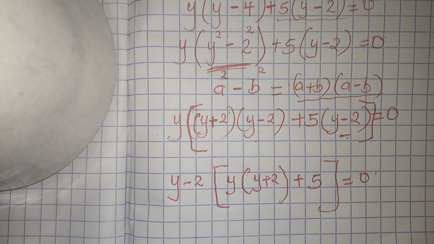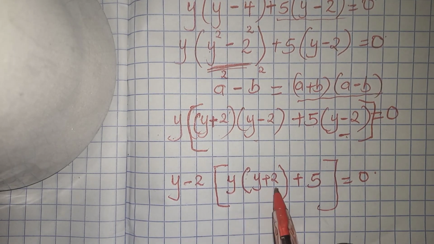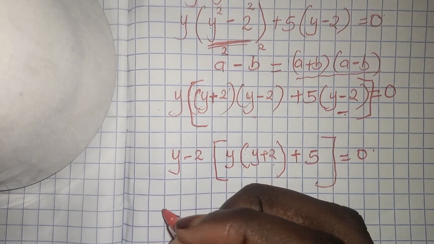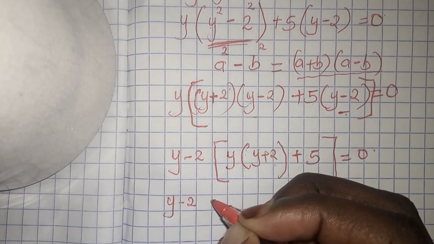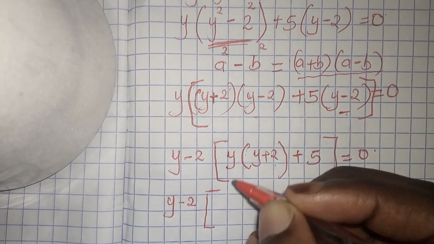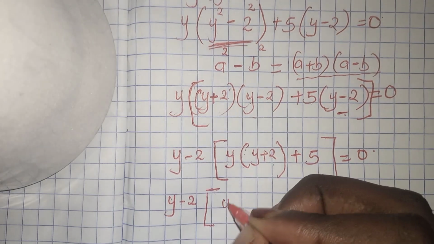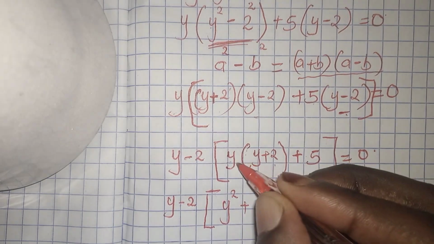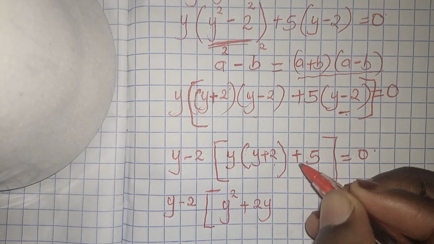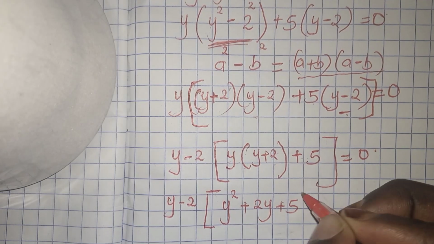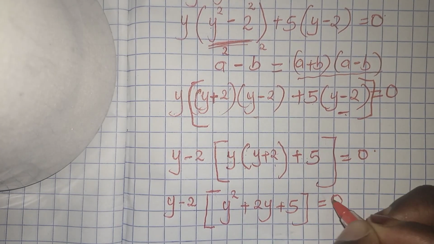So here we are going to open our bracket. So this will be y minus 2 into our bigger bracket. So y times y, this is y squared plus 2y plus 5 is equal to 0.